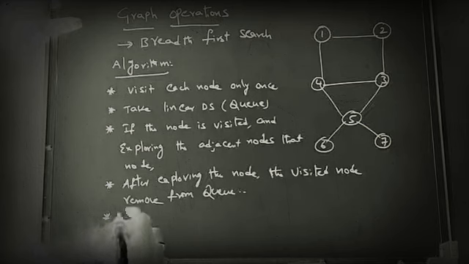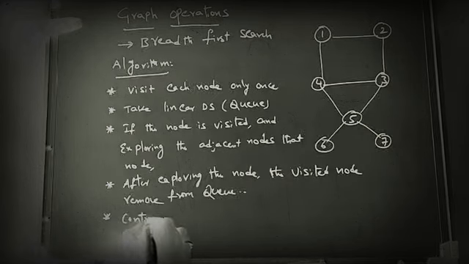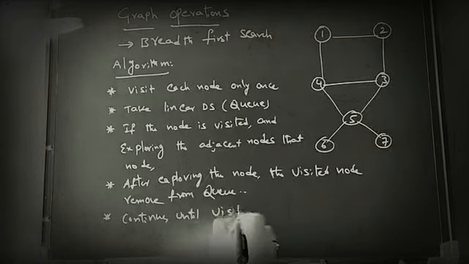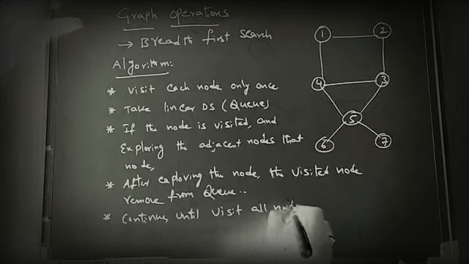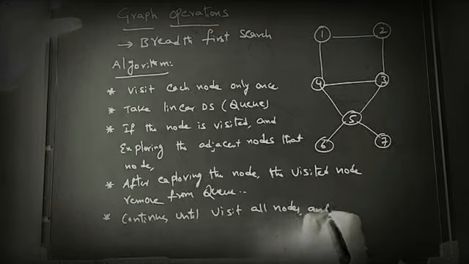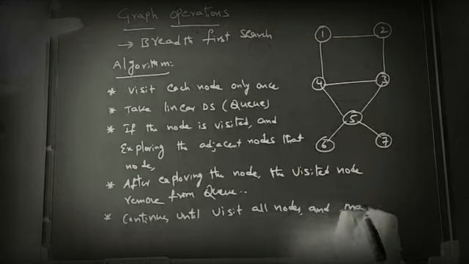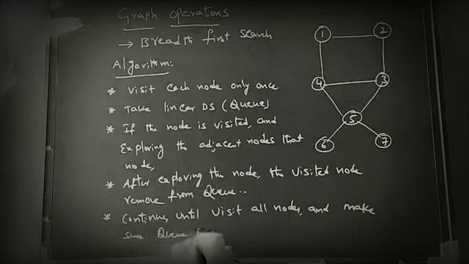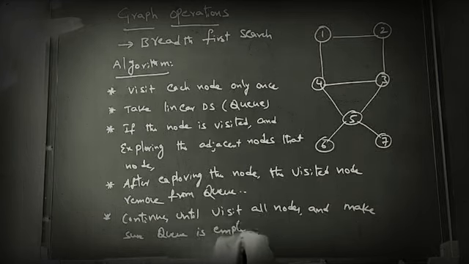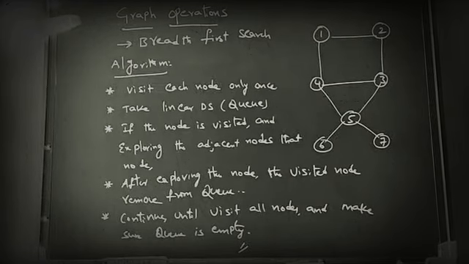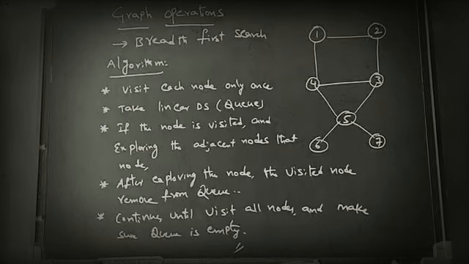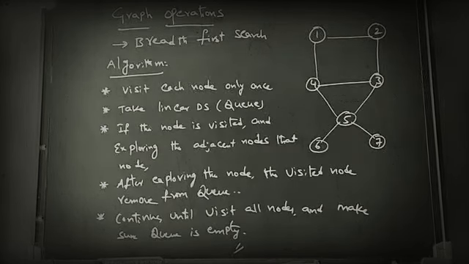This process continues until all the nodes are visited, and make sure the queue is empty. After completion of this last point, the tree structure we have is the final search of the entire graph.